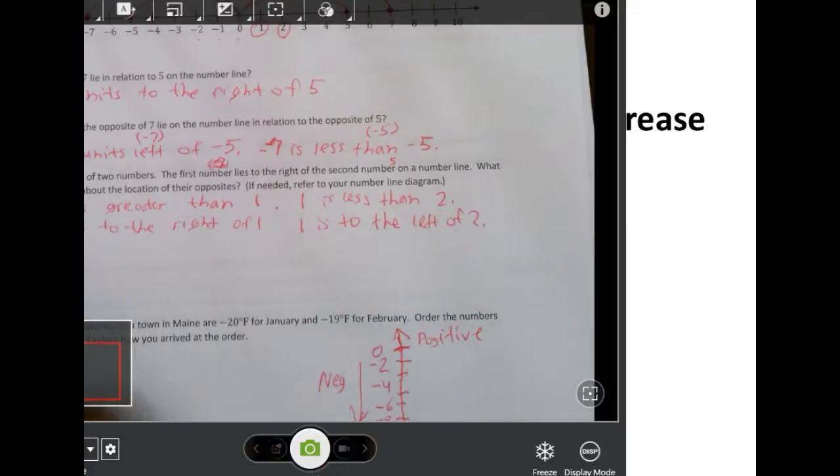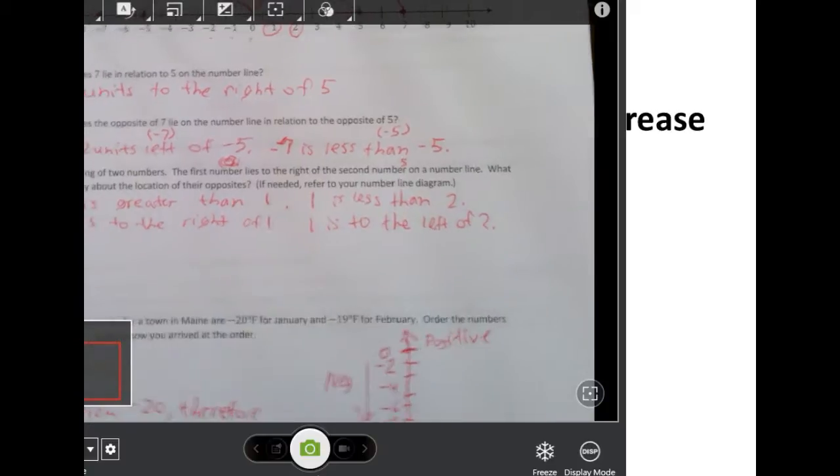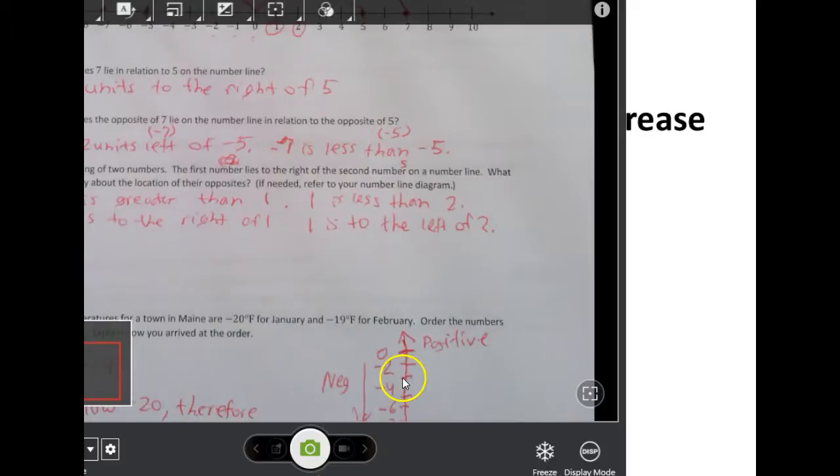So we would have -20 first, and then -19. -19 is below -20. Therefore, -19 is greater. So this is our answer. Please take some time to record the notes.